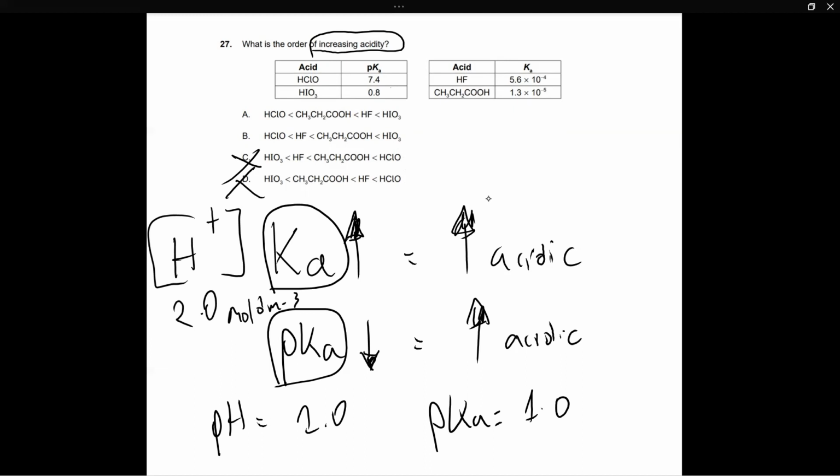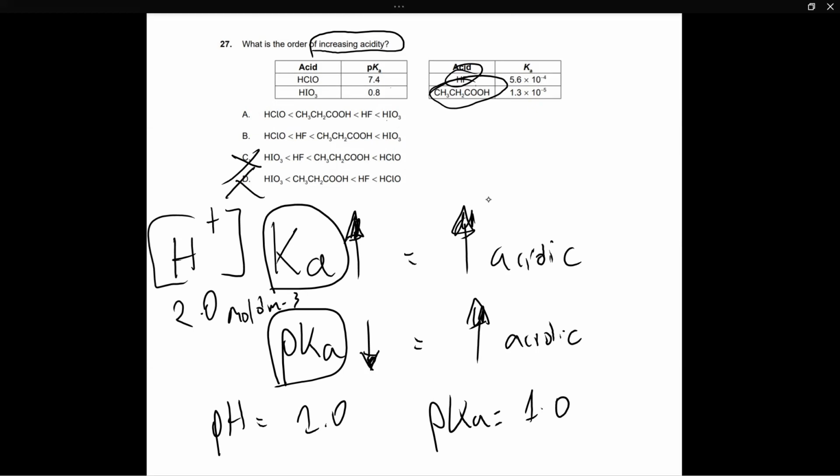HClO is not the most acidic over here. In fact, it is the least acidic, as we can see from our other 2 options. We're only left with A and B. In both these options, HClO is at the lowest end of the acidity spectrum, and HIO3 is on the highest, and this makes sense. Now, to figure out the correct answer, we need to determine between HF and propanoic acid, I believe, which one is more acidic.